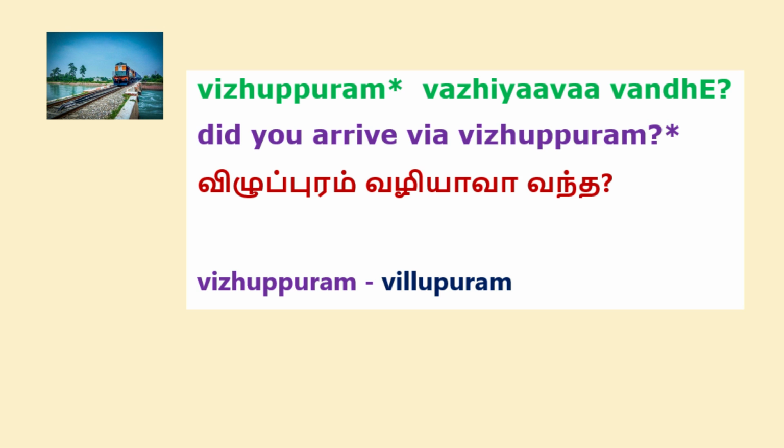People say the name as Viluppuram. Even in the signboards and name plates, everywhere you will not see the proper spelling. Instead, for the sake of simplicity, it is written simply. And people sometimes even say it in a way that sounds very bad, but it is Viluppuram. விழுப்புரம் வழியாவா வந்த?